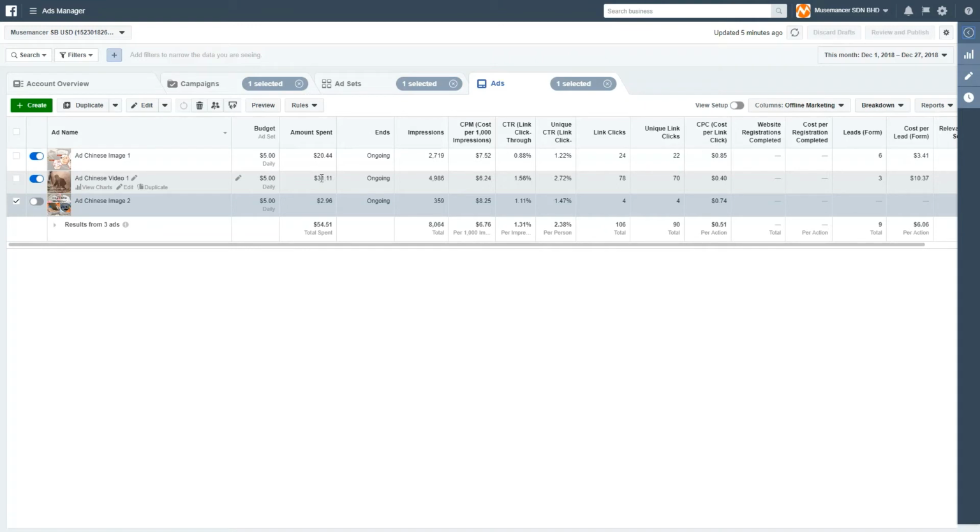But you notice Chinese image 2 was spending only $2.96. This is Facebook's way of telling you that it has a preference for running the other 2 ads. When you see that the ad spend is a lot less for a couple of ads and Facebook heavily prioritizes the other, it's telling you these ads are more preferred. So that's one very strong indication already.